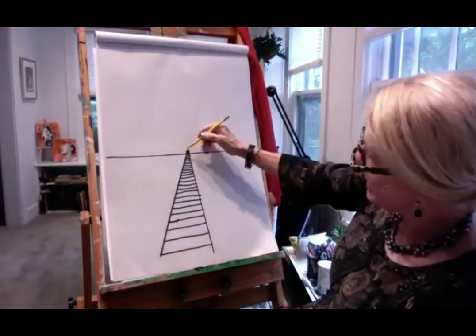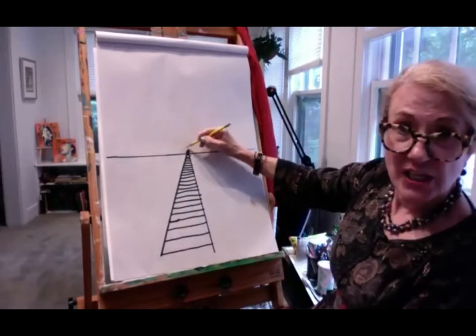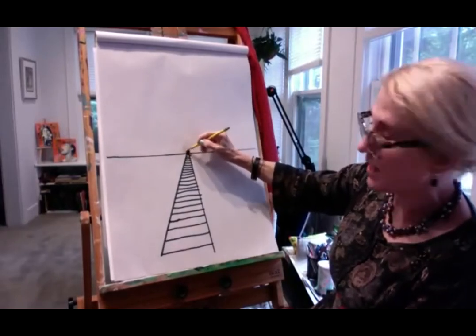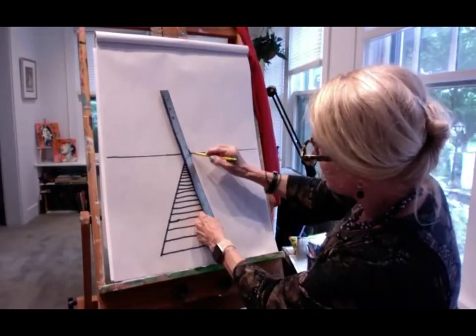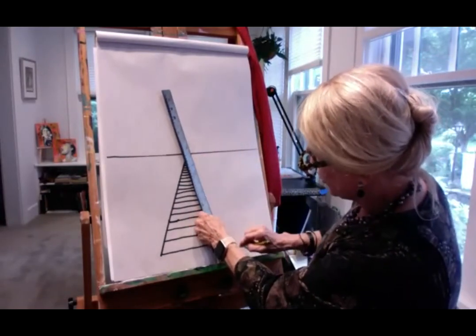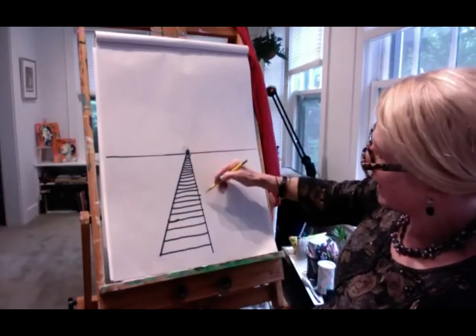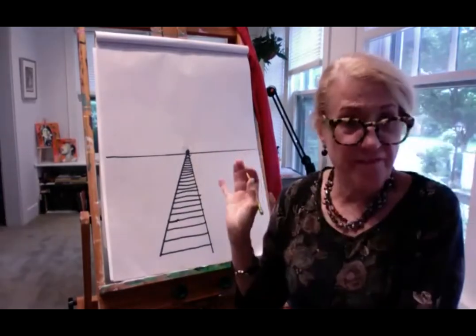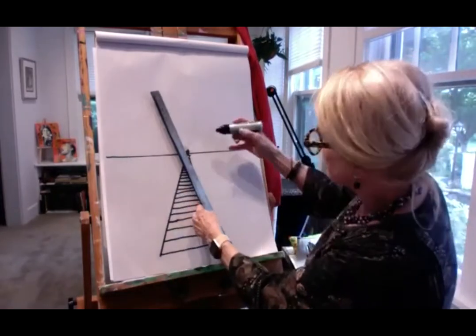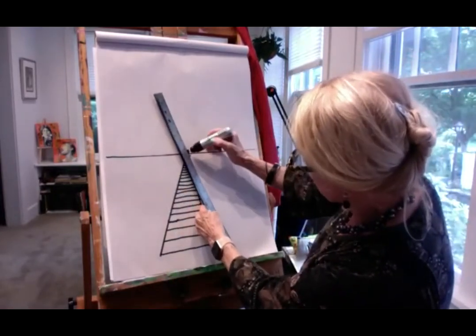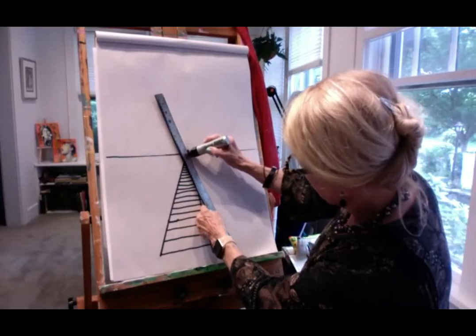Okay, everything is going to emanate from our vanishing point, which is a little dot on the horizon. So I'm going to put two lines to try and convey a fence post. I'm going to use my marker again.